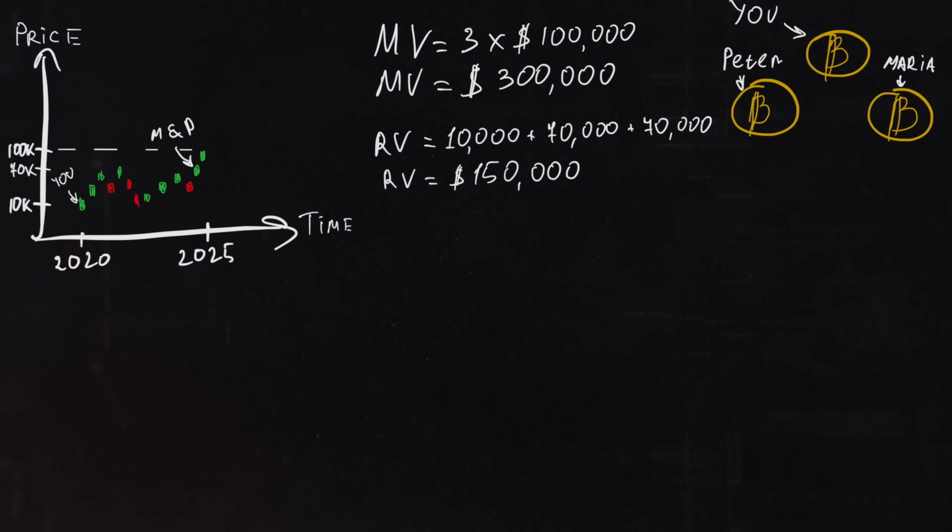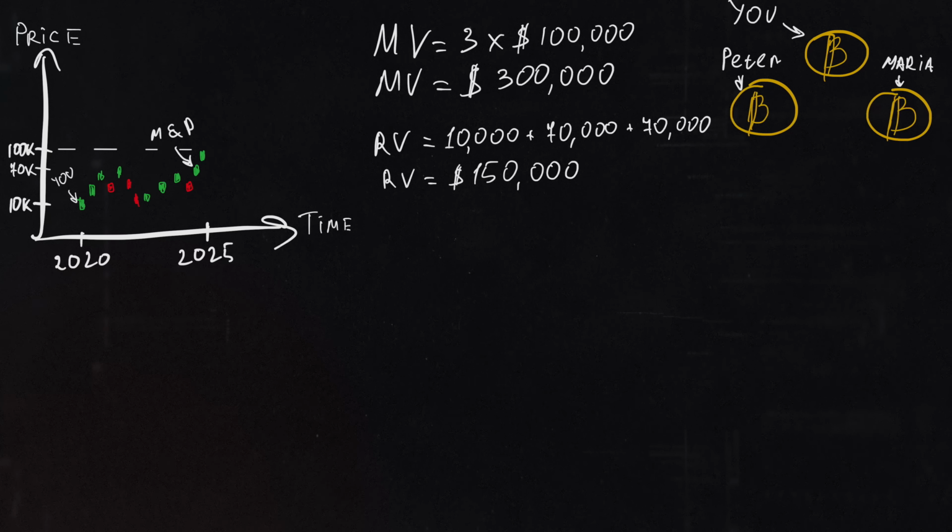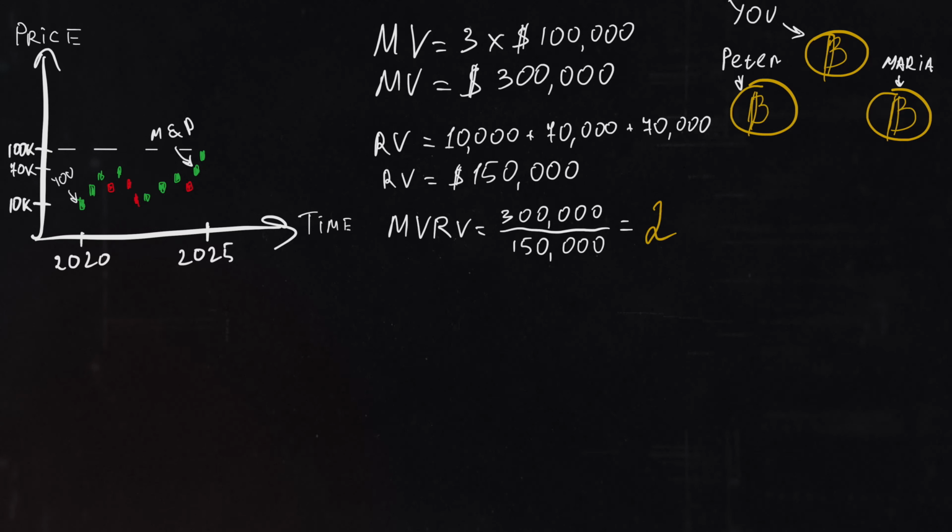Thus, the realized capitalization of these 3 Bitcoins will be $150,000. Your 10,000 plus Maria's 70,000 and Peter's 70,000. The ratio of market capitalization to realized capitalization will equal to... this is $300,000 divided by $150,000. This means that on average, our group of 3 people is sitting on 100% paper profit.